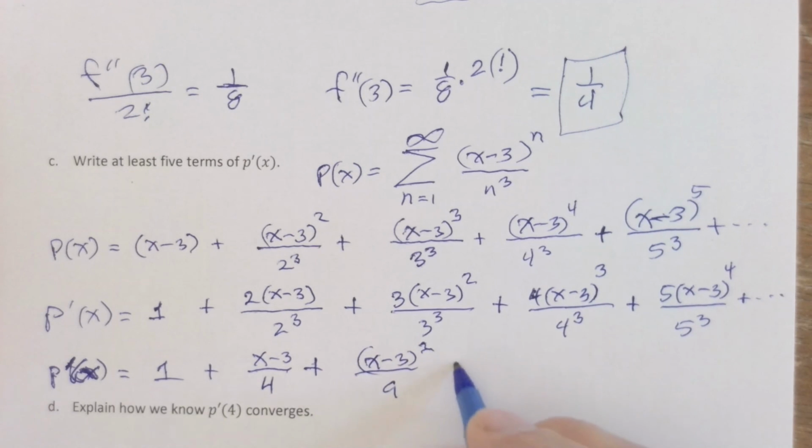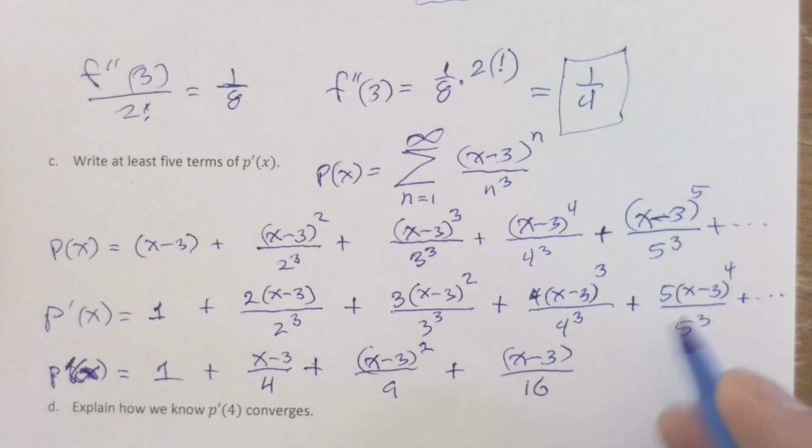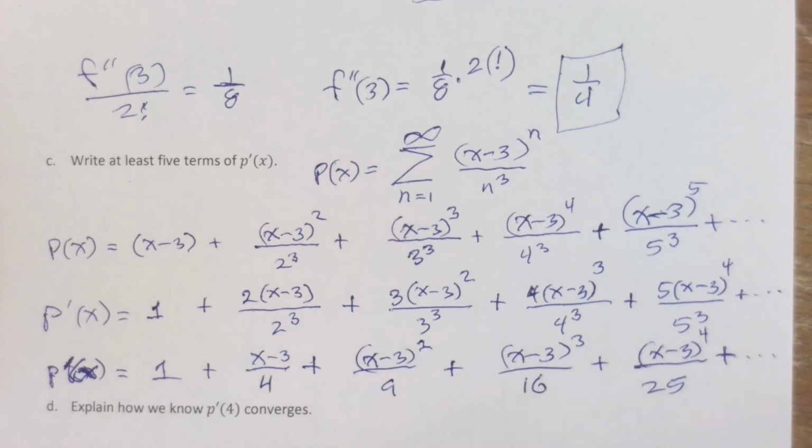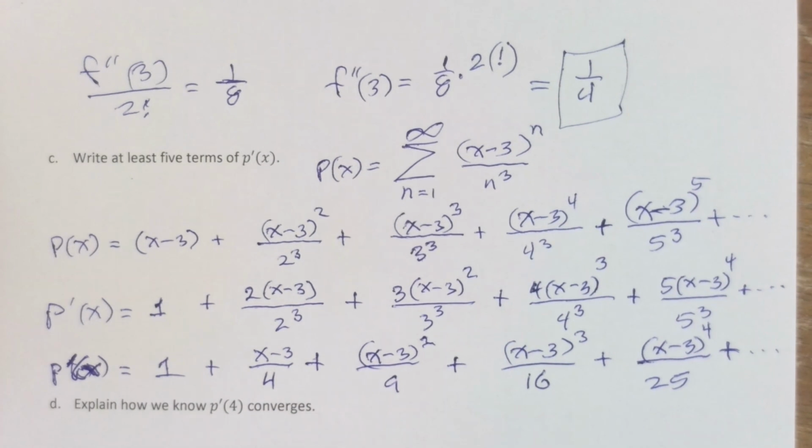And then I'm going to have, after canceling some 4's, 4 squared. That looks like this. And then the next term is going to be, after canceling 5's, I'll have 25 here, and I'll have x minus 3 to the 4th power. And that is what p prime of x looks like. Got a little sloppy there.